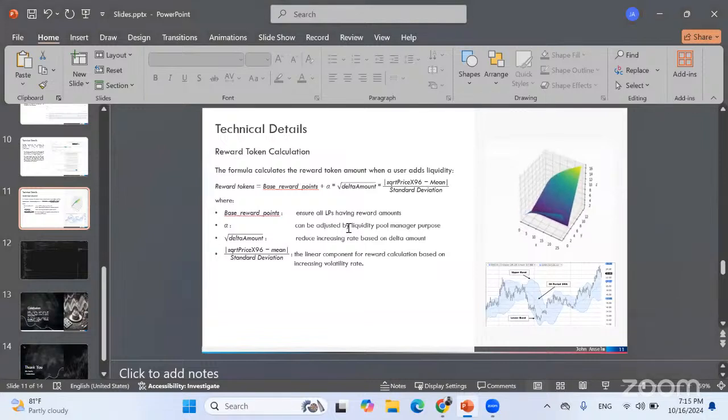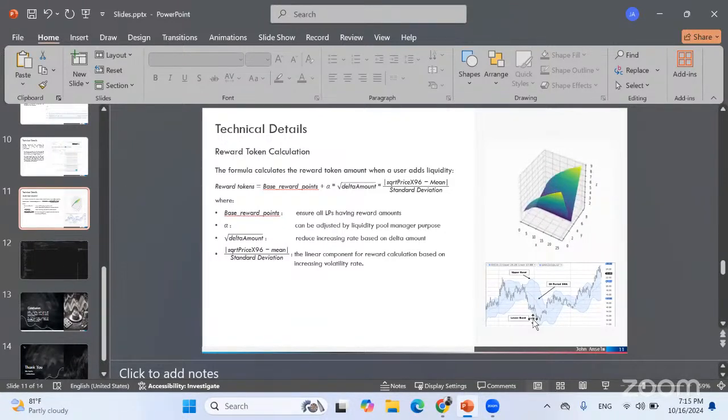Yes, although I'm not sure about the question, I will answer like this. We use the square root to reduce the increasing rate based on the amount corresponding to the liquidity addition. For example, if the volatility in our band is lower than the polygon band lower, maybe it's very rich for LPs.